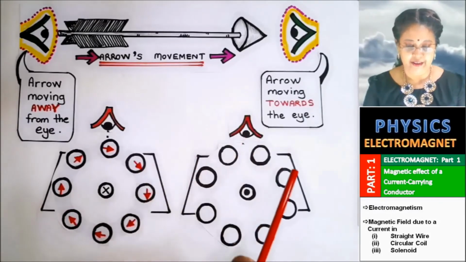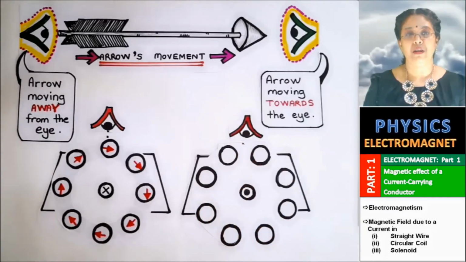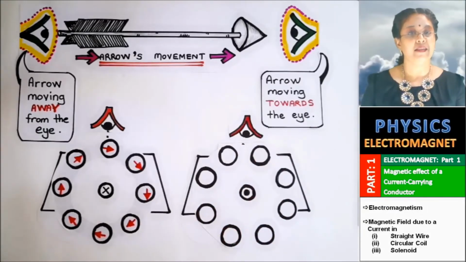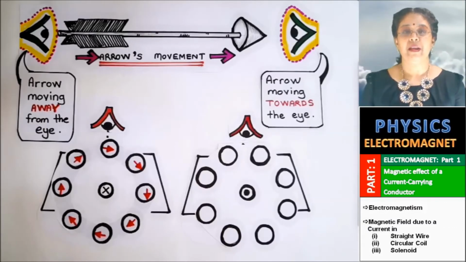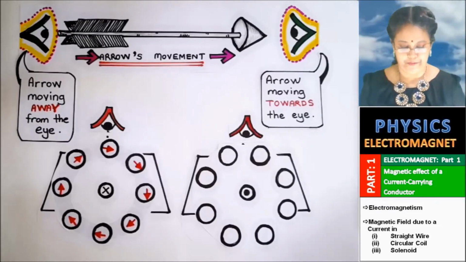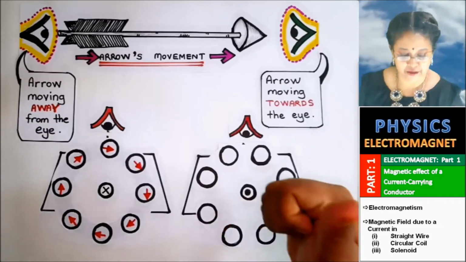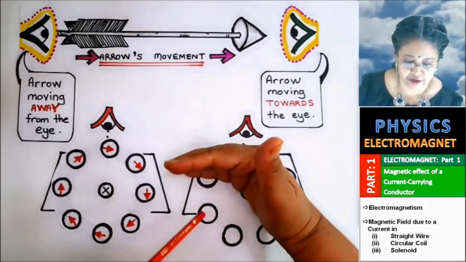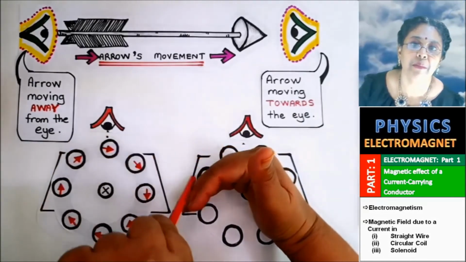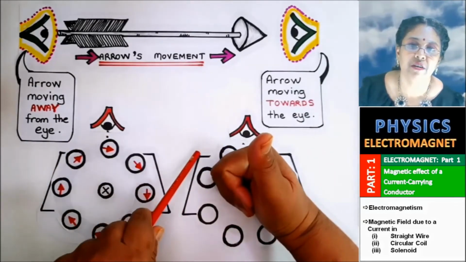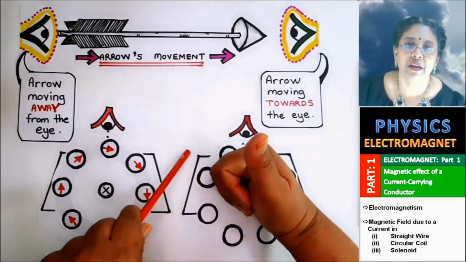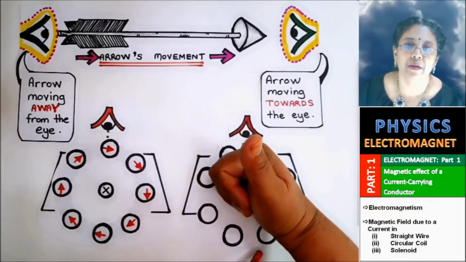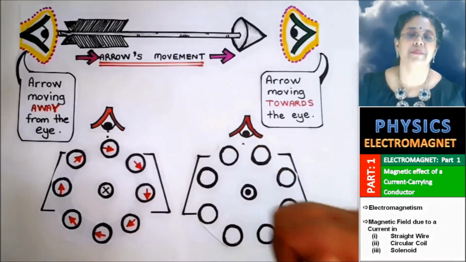In the second diagram here, the dot shows that the current is coming out of the plain paper. The thumb is pointing in the direction of the current, which is out of the paper. Therefore, I will place my thumb coming out of the paper in this direction. So when I am curling up, can you see that the direction of the curl of my four fingers goes anti-clockwise.